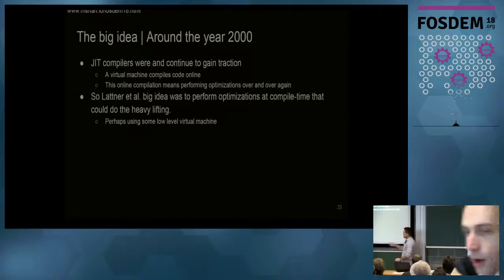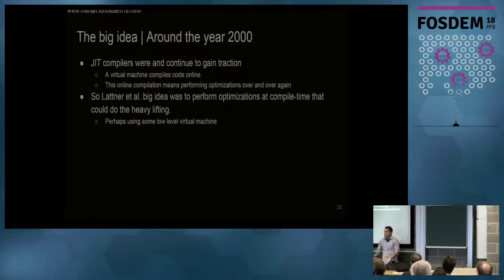So at the time, Lattner and his advisor and some others had a big idea: can we perform these compiler optimizations at compile time? How much of the heavy lifting could we move to compile time, before we run a program, to increase performance? So he was thinking about a low-level virtual machine. Of course, if we notice, low-level virtual machine, LLVM. That's where the name originally came from. Now the project is just referred to as LLVM itself.